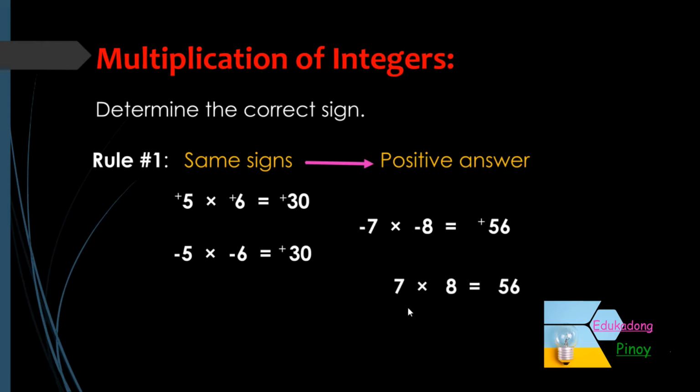So positive ang 7, positive ang 8. Ang sagot ay positive din. So, positive 56. Sa integers nga pala, kapag hindi nilagay yung sign, halimbawa ito 7 lang, kahit wala yung plus sign dito, understood pa rin siya na positive. Ayan. So, just to let you know.